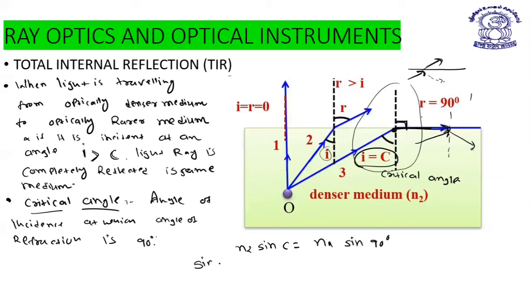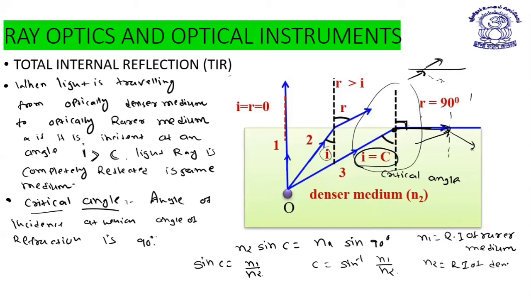So, sin C will be equal to n1 by n2. Critical angle is equal to sin inverse of n1 by n2. Here n1 is the refractive index of rarer medium and n2 is the refractive index of denser medium.